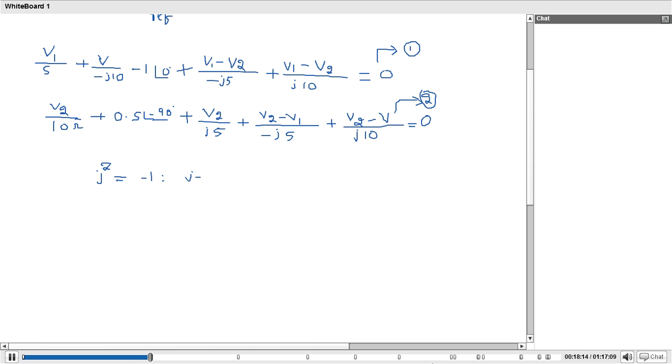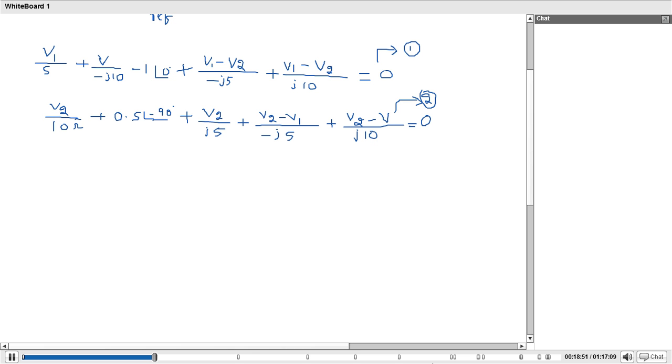Some textbooks follow I as the imaginary variable, some follow J. So J square is equal to minus 1, so from this 1 by J is equal to minus J. So wherever minus 1 by J appears, you can write it as plus J. I am just erasing these basics, since you already know J square is minus 1 or I square is minus 1.